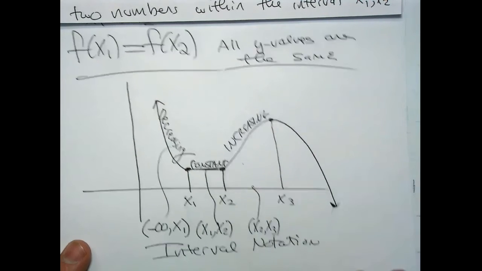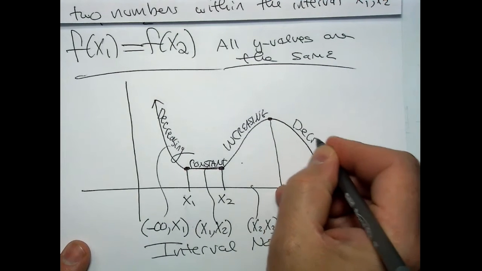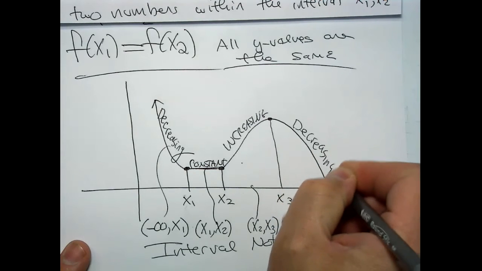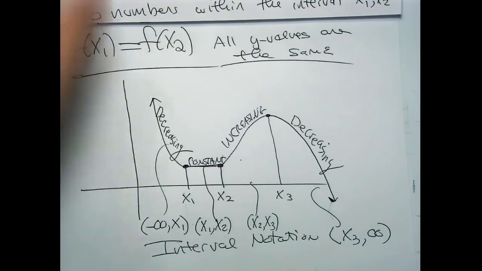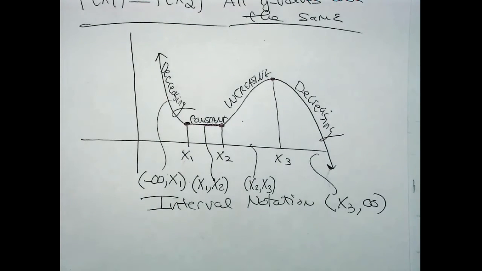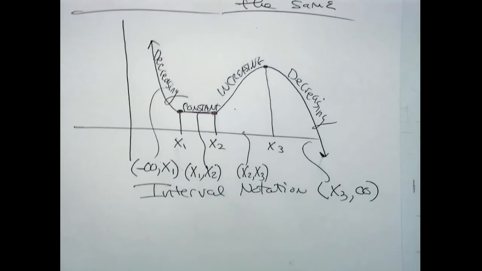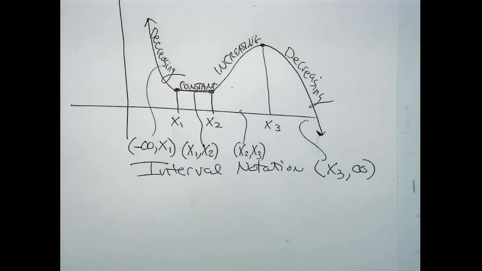And finally, we do have one more decreasing interval right here. And that one would be called out in interval notation as x3, comma, infinity, like that. So there it is, both in words and also graphically. Areas on the curve where we get increasing and decreasing.